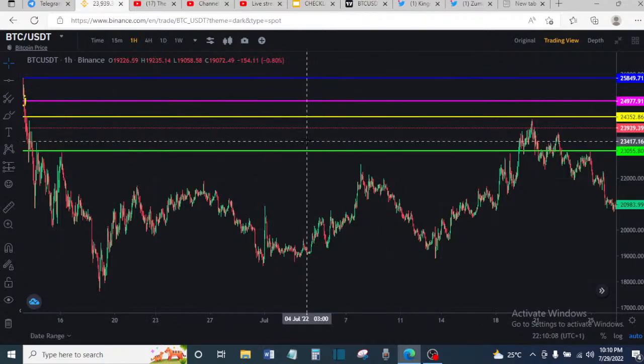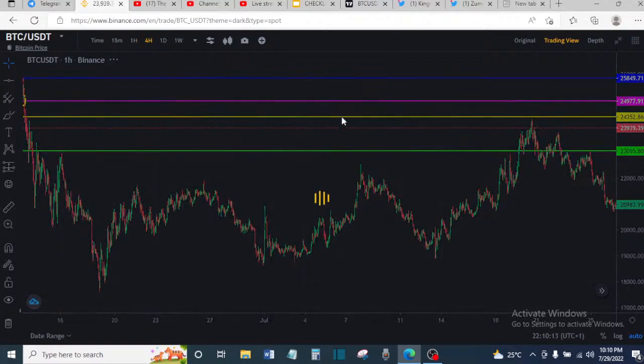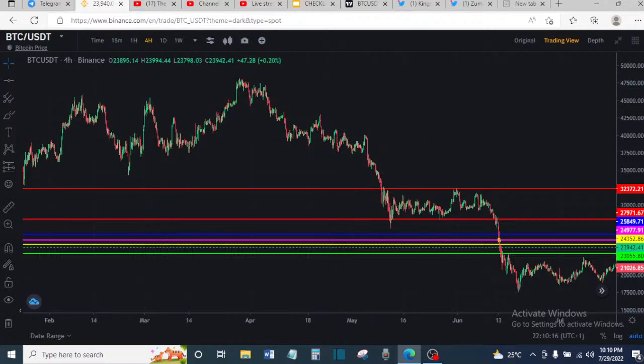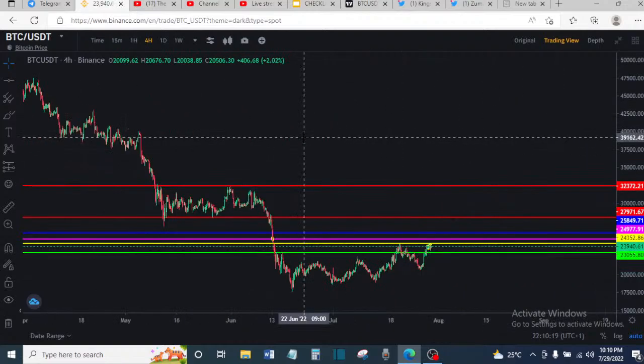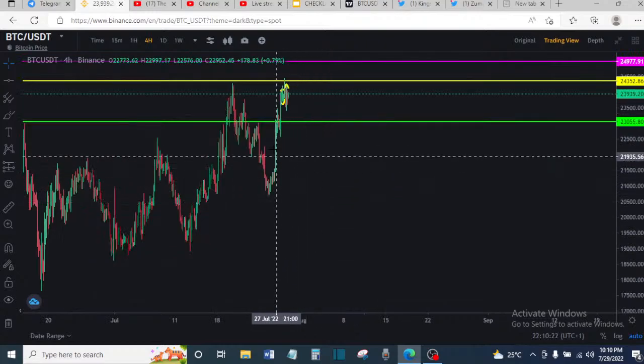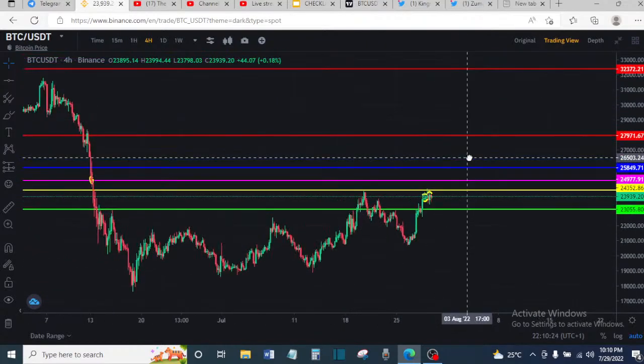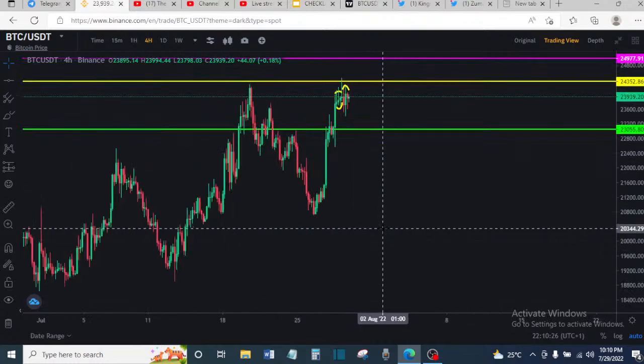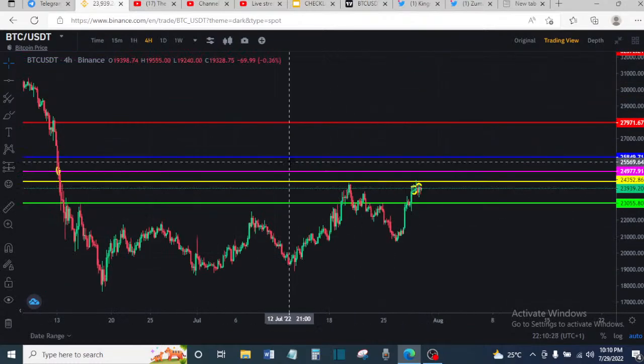I wanted to choose the 4 hour chart for explanation. Now, what is the possibility of price coming down? Let me show you the structure. Look at the structure.